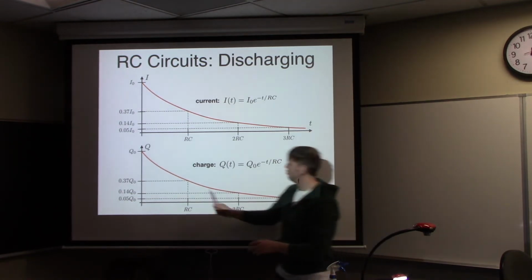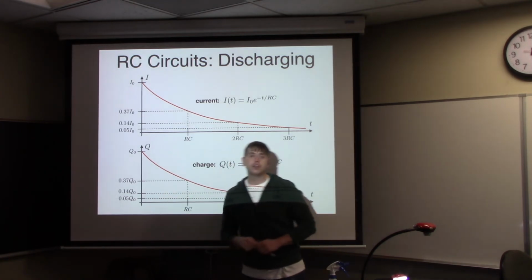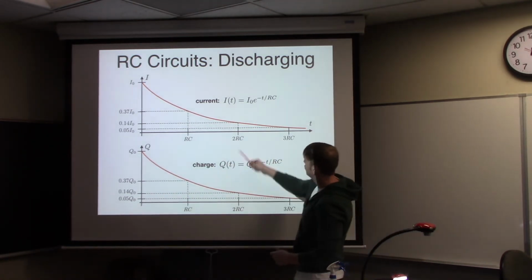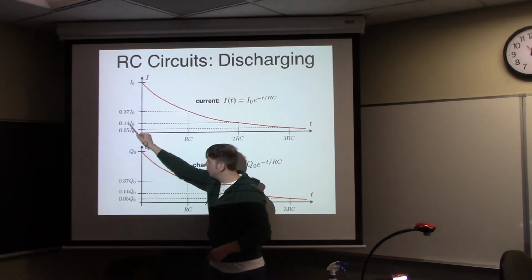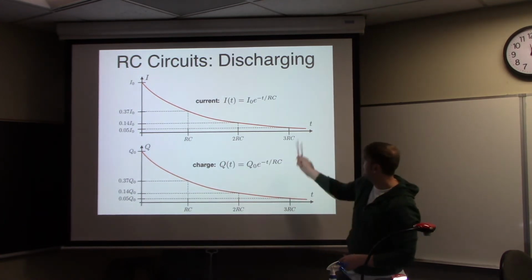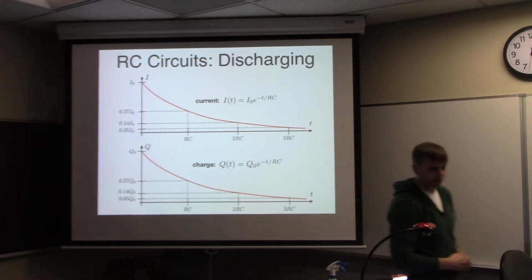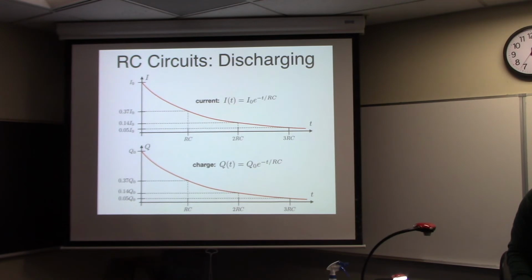The same is true for the charge. So after one time constant, the charge is 37% of its starting value. And similarly, after two time constants, 2 times RC, everything has fallen to 14% of the starting value, and 5% of the starting value after 3 time constants. Okay, so we have these two exponential decay functions, and that's what they look like.